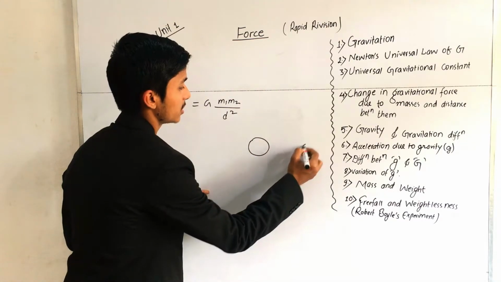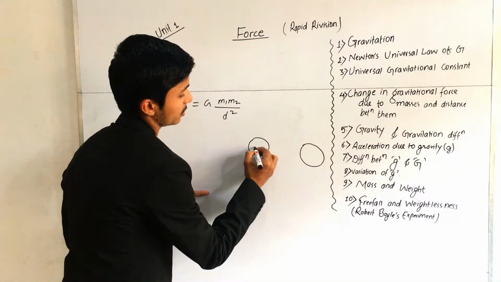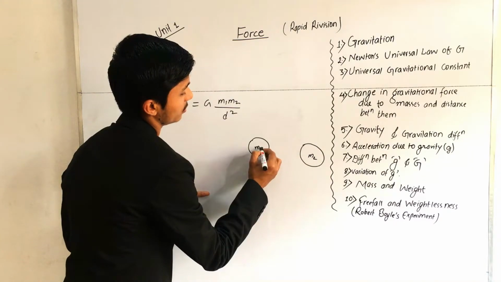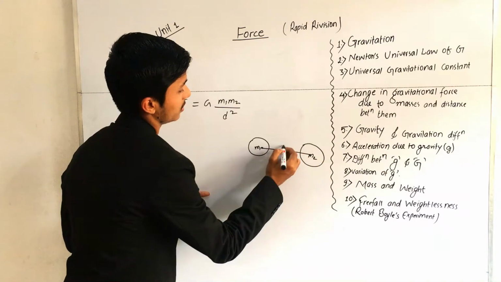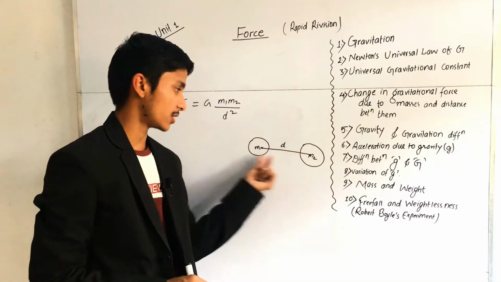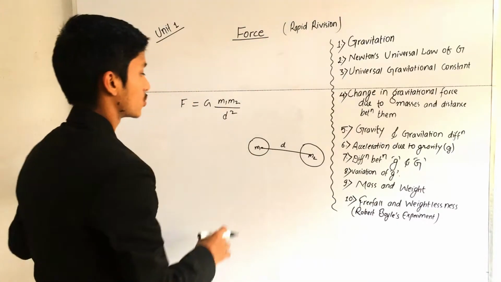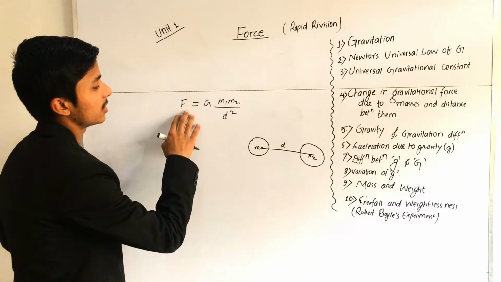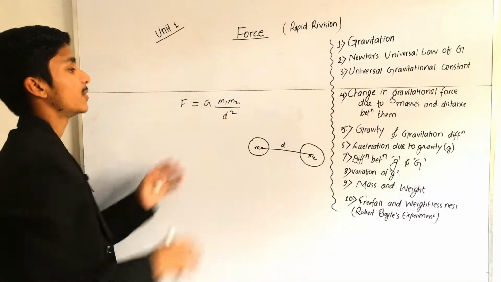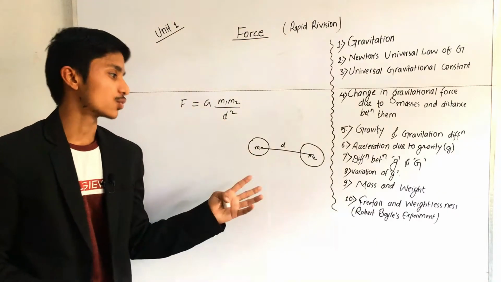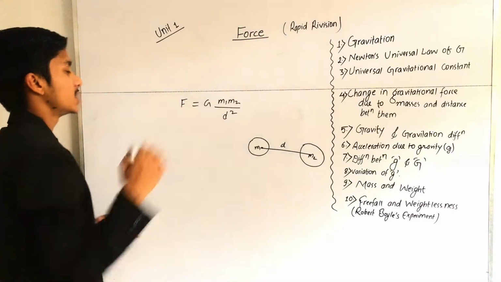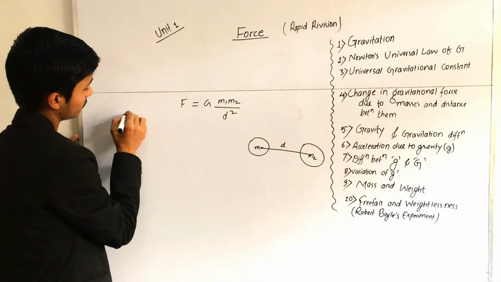Suppose these are objects having masses m1 and m2, and the distance between them is d. Remember, distance is always taken from the center. So for these two bodies we have F is equal to capital G m1 m2 by d square. Now we are going to see what will be the change in gravitational force.